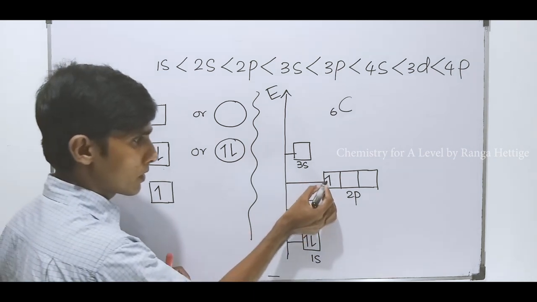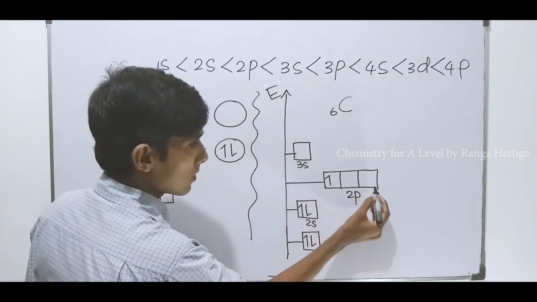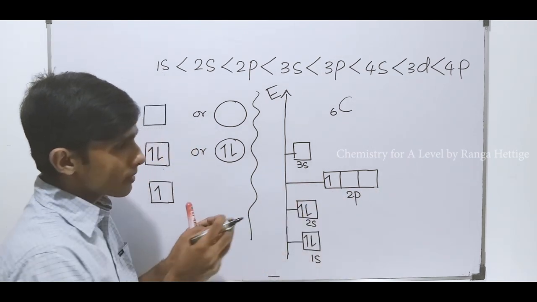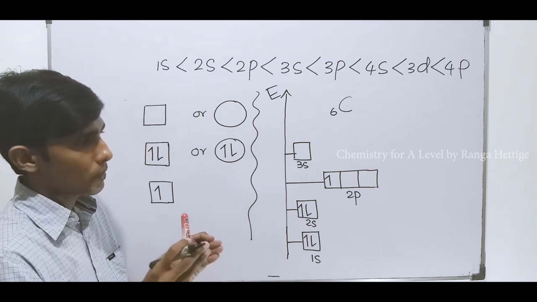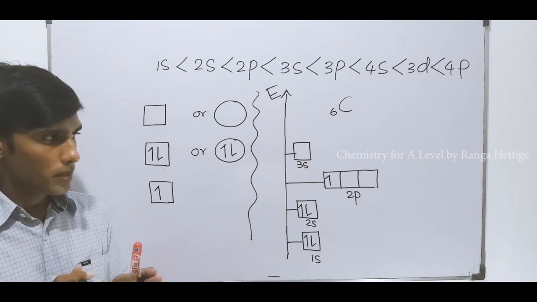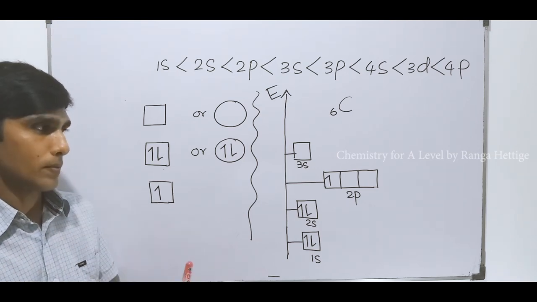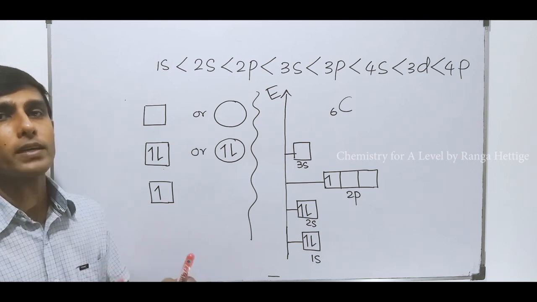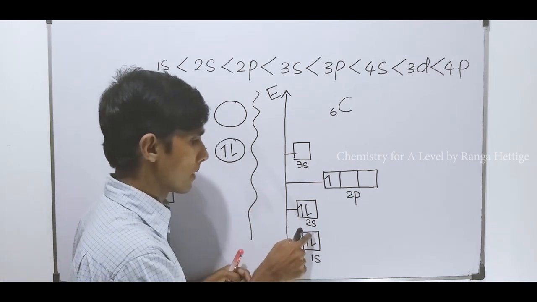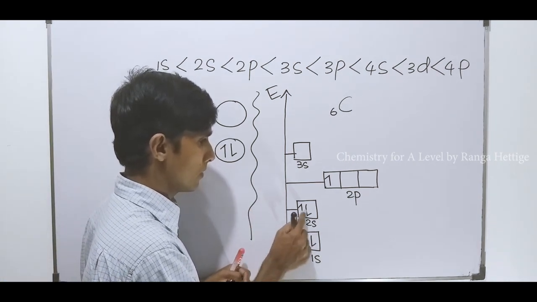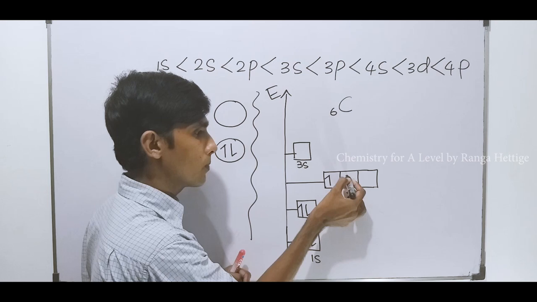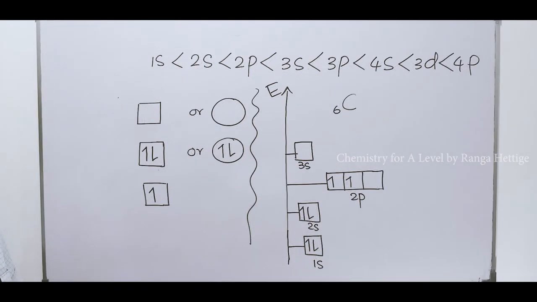So when electrons are added to orbitals of the same sublevel, they are added resulting in the maximum number of unpaired orbitals with the same spin. After that, they may get paired depending on the number of electrons. For carbon, first electron, second, 3, 4, 5, and the sixth one does not come to this orbital; it goes to the next orbital of the same energy.